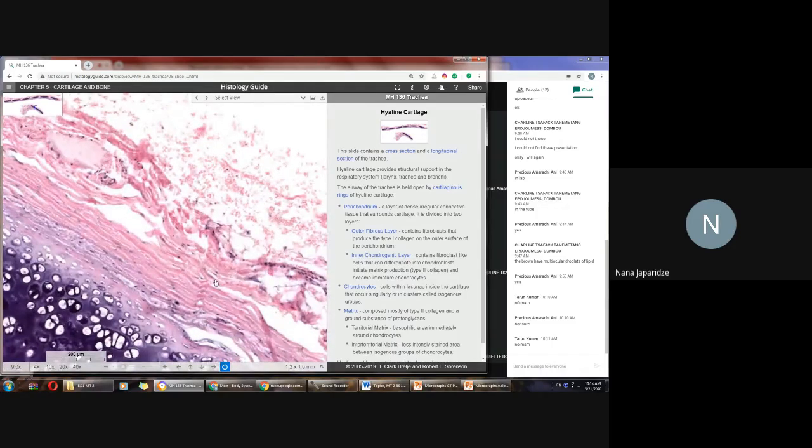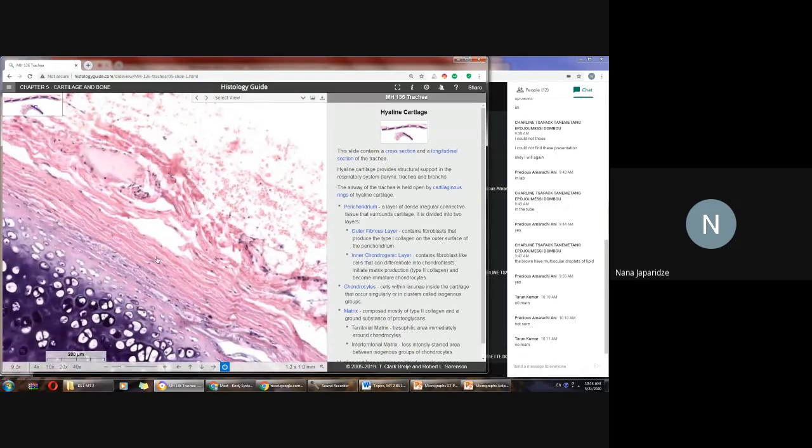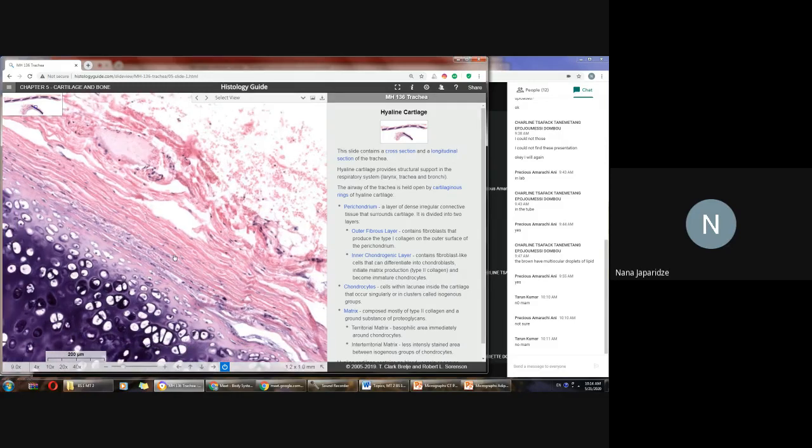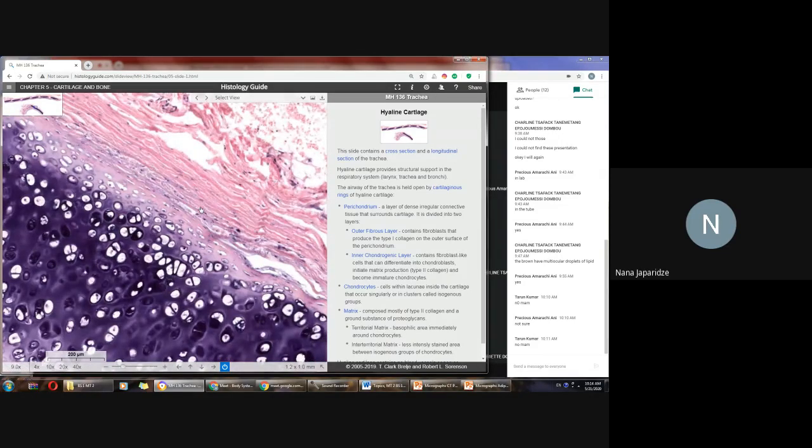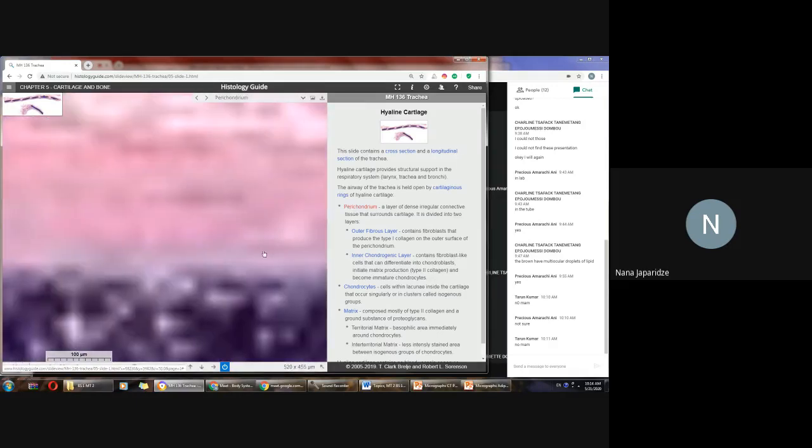Look, pink, red stained collagen fibers and fibroblasts or fibrocytes. White adipose tissue, collagen fibers, and this is areolar connective tissue. Okay, so dense connective tissue and perichondrium. Okay, look, perichondrium.